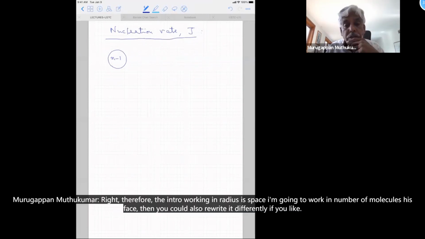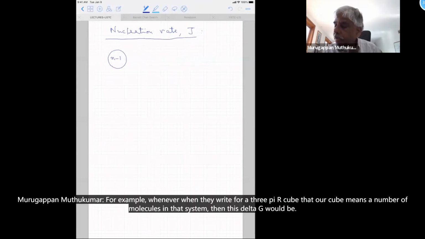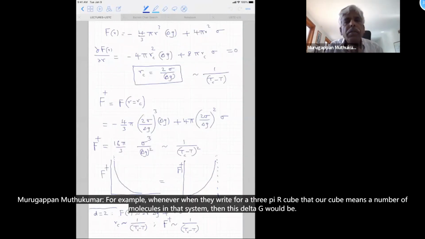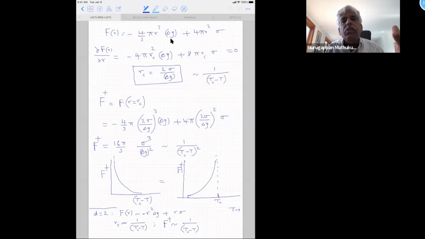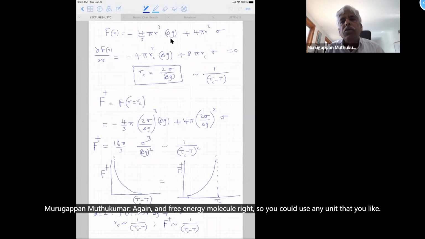Therefore, instead of working in radius space, I'm going to work in number of molecules space. Then you could also rewrite it differently if you like. For example, when I write 4/3 pi R cubed, that R cubed means a number of molecules in that system. Then this delta G would be the gain in free energy per molecule. So you could use any unit that you like.